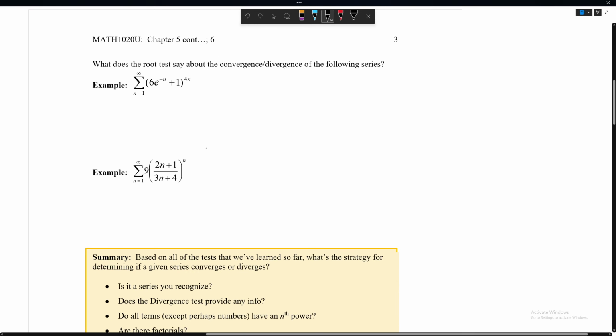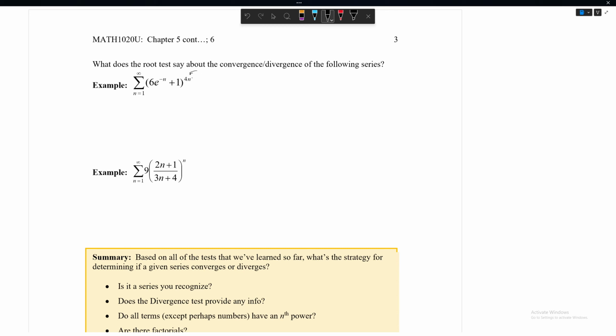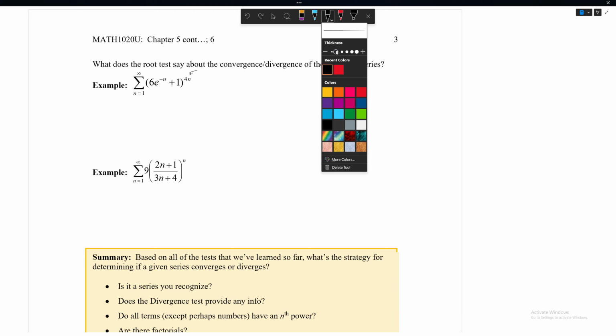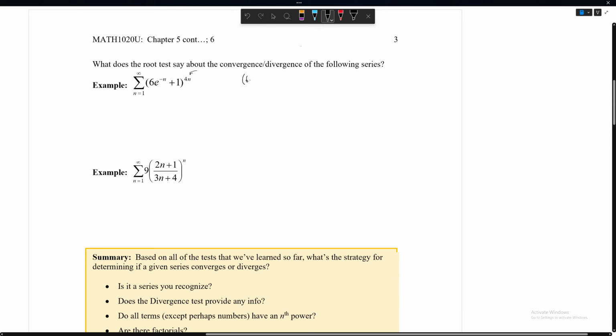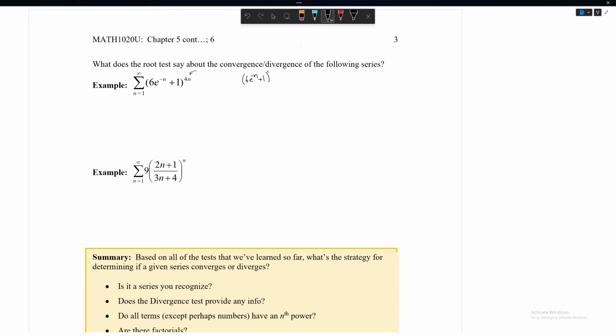Okay. So if I do the root test, basically what the root test says is that if you have the whole thing raised to an n, you can take that out. So what I can do, I could root it by 1 over n. And so I get 6. Let me make this thicker. I'll get 6 to the negative n plus 1. I'm just rewriting it to the 4n.